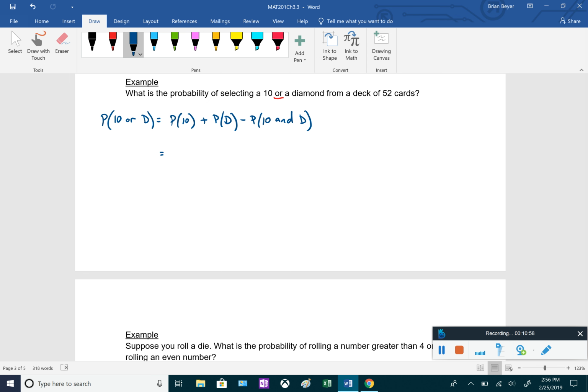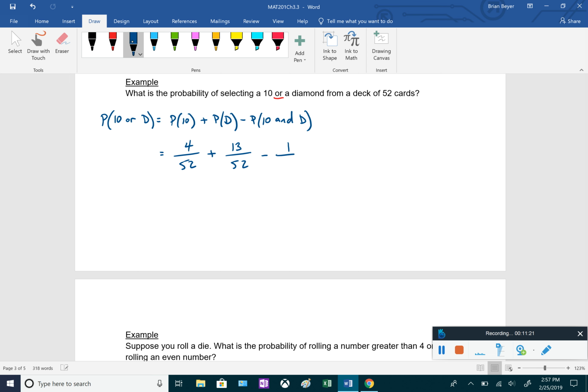The probability that it's a 10: there are 4 10s out of 52 cards. Plus the probability that it's a diamond. A diamond is a suit. There are 13 diamonds, so 13 out of 52. Minus the probability that it's a 10 and a diamond. There is one card that is a 10 and a diamond, the 10 of diamonds.